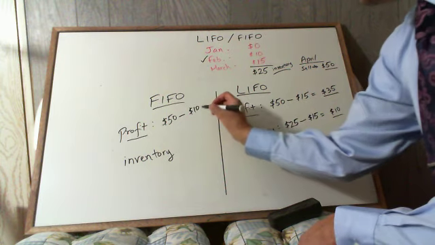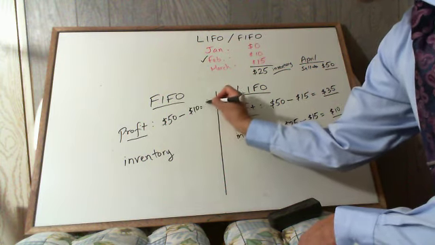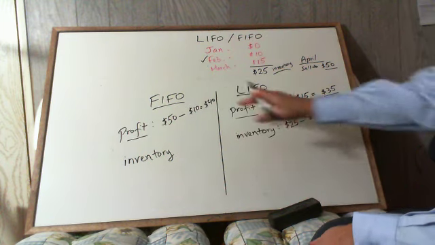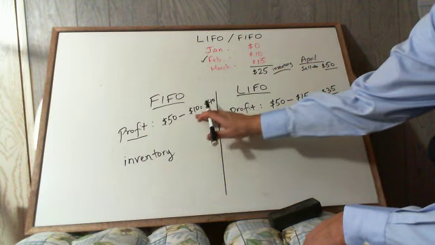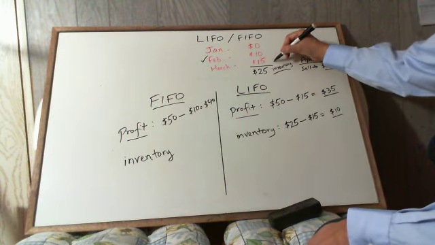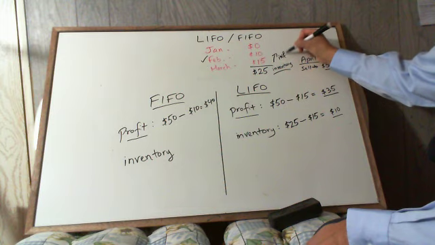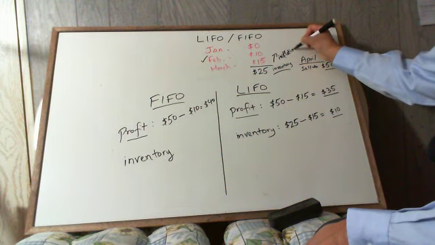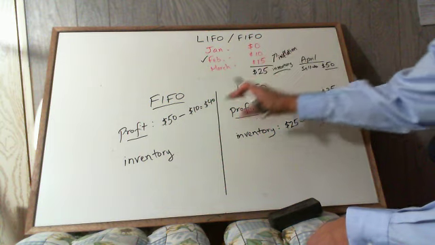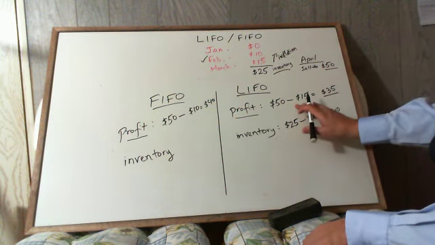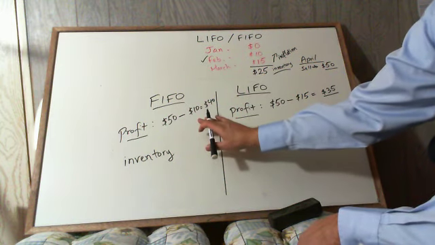And in this case our profit actually comes to $40. So as you can see, in the normal situation where inflation is increasing, the profit in the case of LIFO will be less. In the case of FIFO, it will be more.